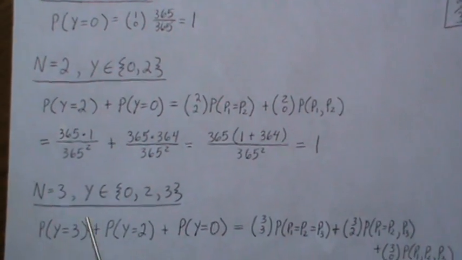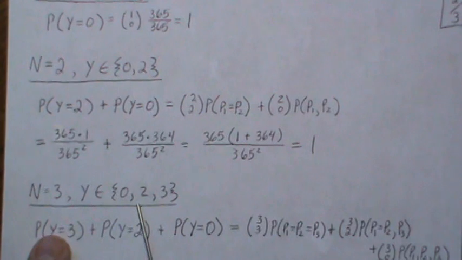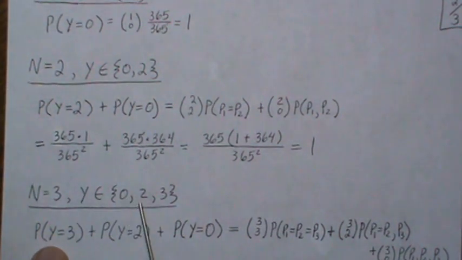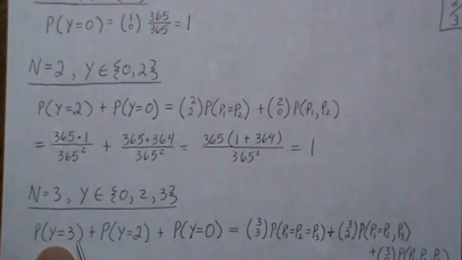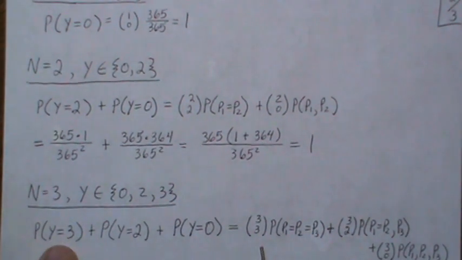Now for the n equal 3 case, that means y is 0, 2, or 3. So y equal 3 plus y equal 2 plus y equal 0. This should sum to 1. So this first case is out of the 3 people, we want to pick 3 of them to match. That means the probability that each of their birthdays are the same.